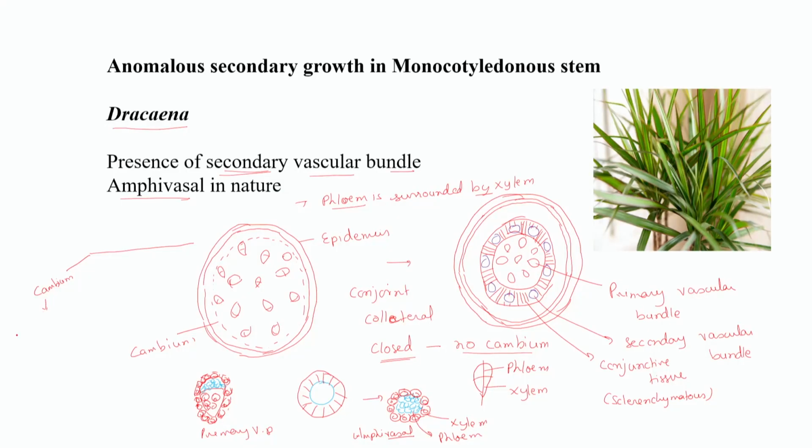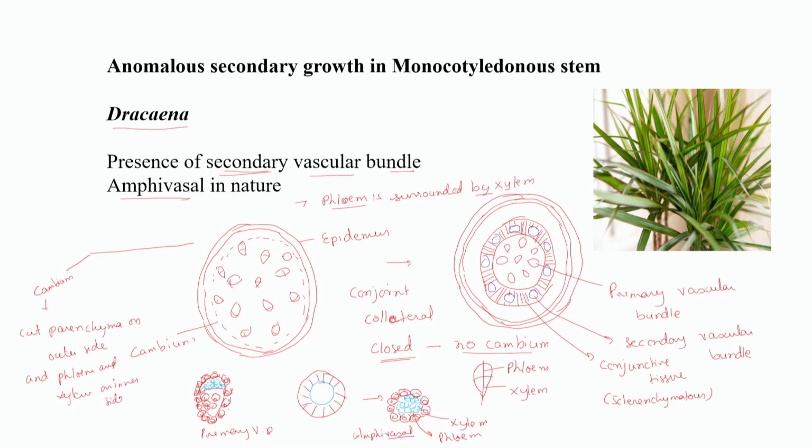This cambium will cut parenchyma on the outer side, and alternately phloem and xylem on the inner side.